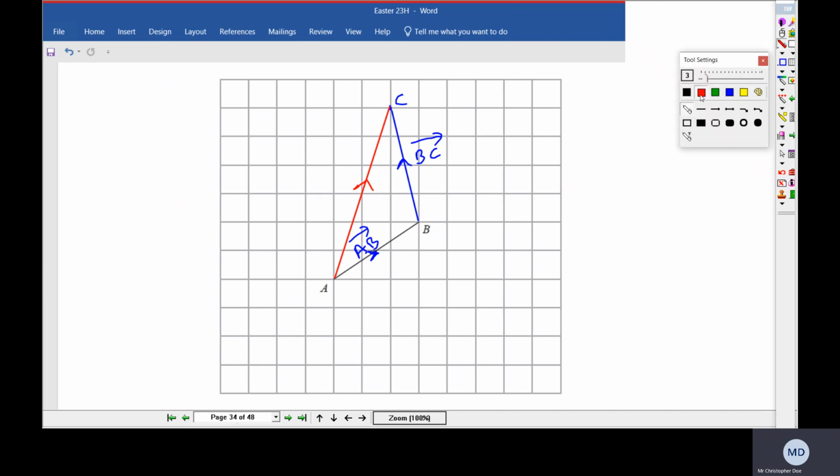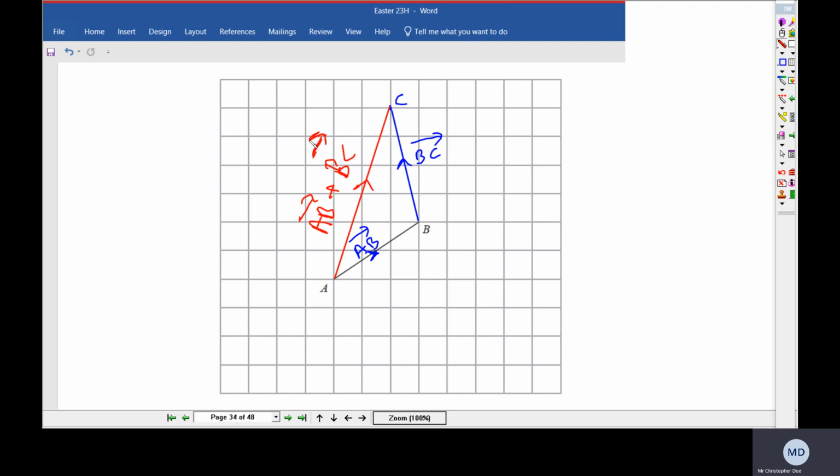It means that line there is what you get if you do AB plus BC. When you combine them together like that, when you join them up, when you add them together, that's what you get when you do two different journeys.